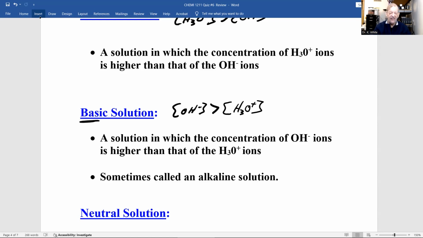Sometimes it's called alkaline, like in your alkaline batteries. Batteries used to be acidic. And then I forgot how many decades ago, they found a way to use base, which makes better batteries. The battery in your car is acidic, but the batteries in your flashlight or other places are alkaline when they say alkaline batteries.